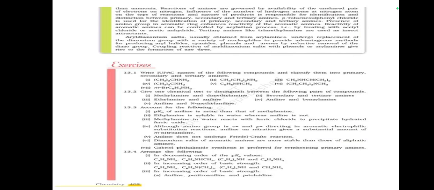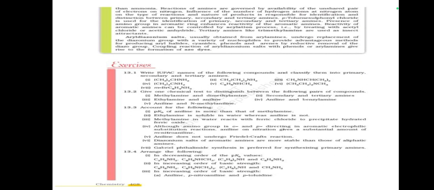Reactions of amines are governed by the availability of the unshared pair of electrons on nitrogen, and the influence of the number of hydrogen atoms at the nitrogen atom on the type of reactions and nature of products is responsible for identification and distinction between primary, secondary and tertiary amines.